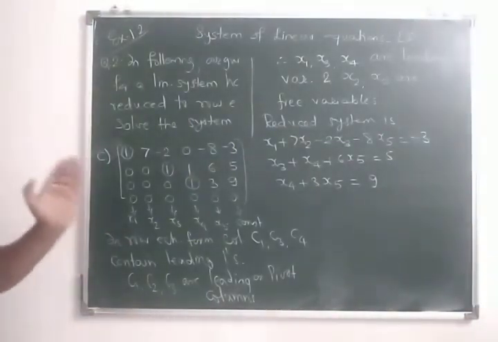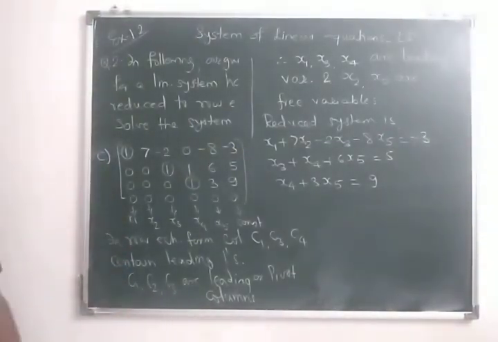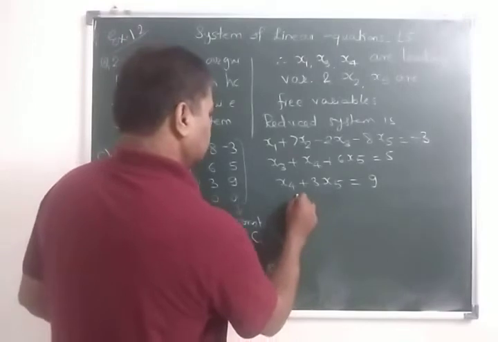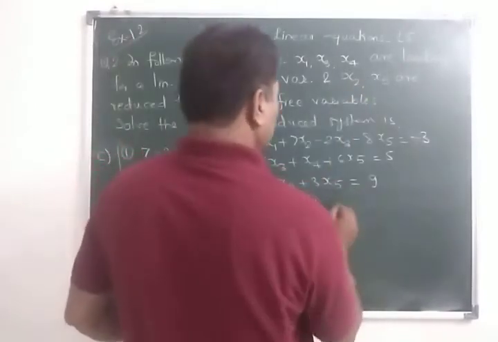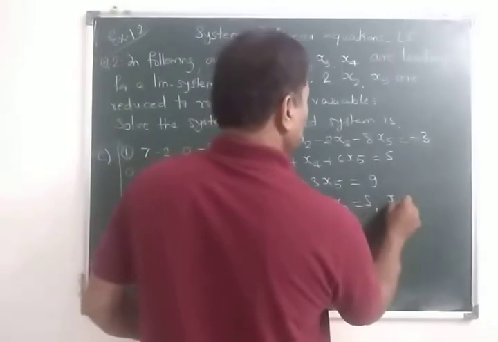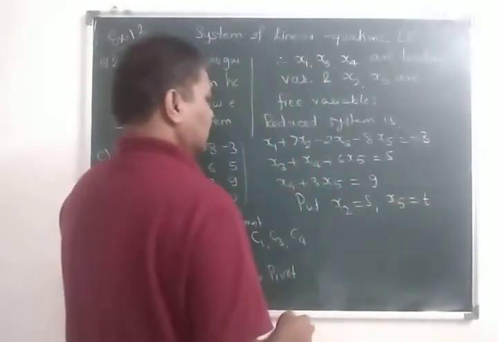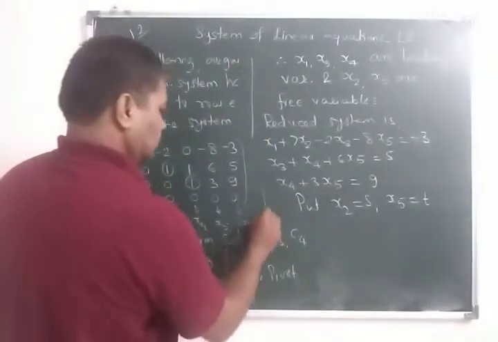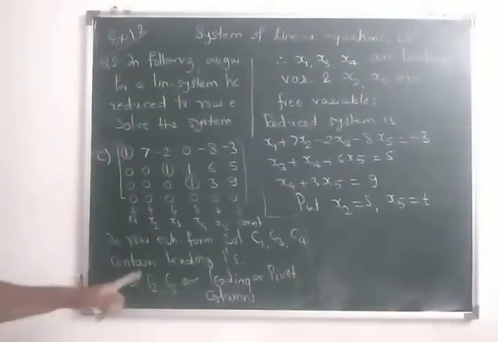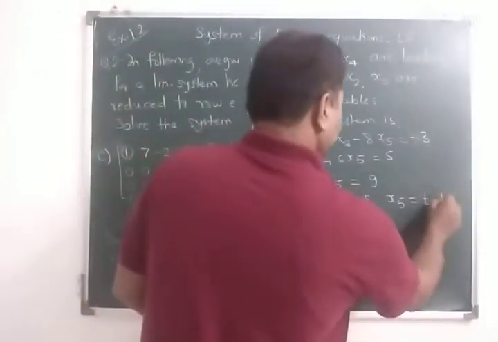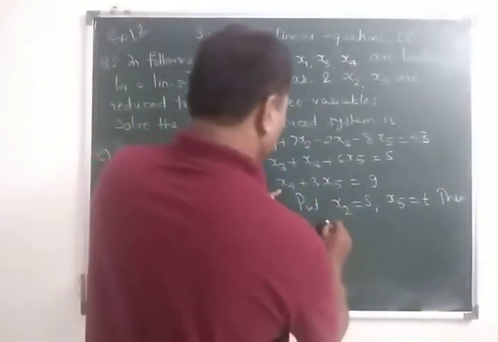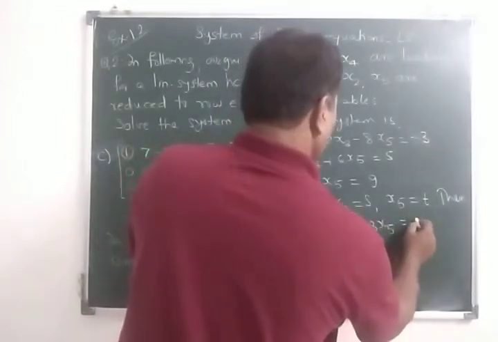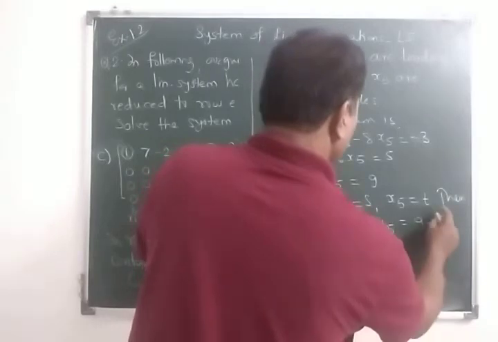Now x2 and x5 are free variables, so assign some parametric values to those free variables. Put x2 is equal to s, x5 is equal to t. Is it clear? Then from the last equation, x4 is equal to 9 minus 3x5, which is 9 minus 3t.